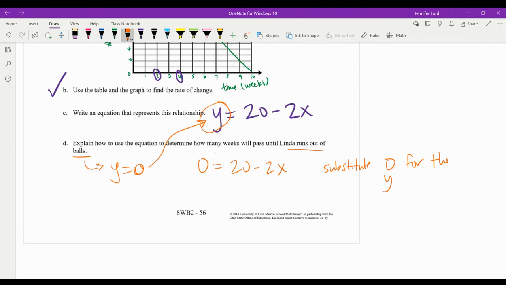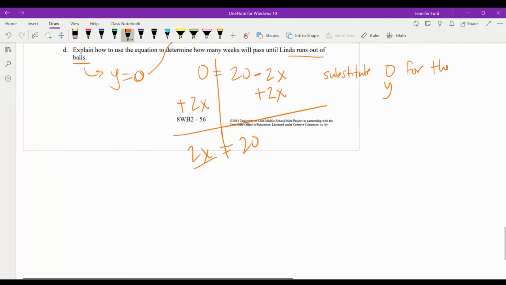And then I just solve this as an equation. 0 equals 20 minus 2x. I don't like to have a negative coefficient of x, so I'm going to add 2 x's to both sides. This is just what we learned last unit. 2x equals 20. Divide both sides by 2.